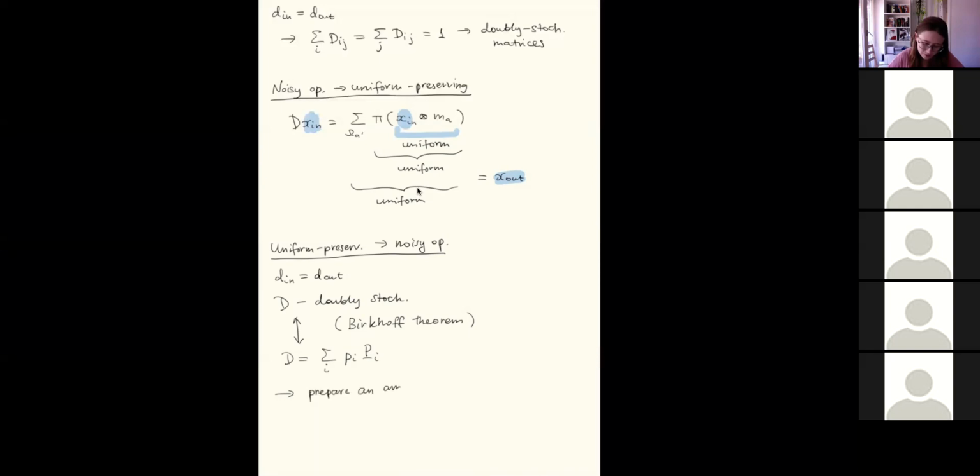So first we prepare an ancilla which can be arbitrarily large. And we prepare it, of course, in the uniform state, because that's the only thing we can do.